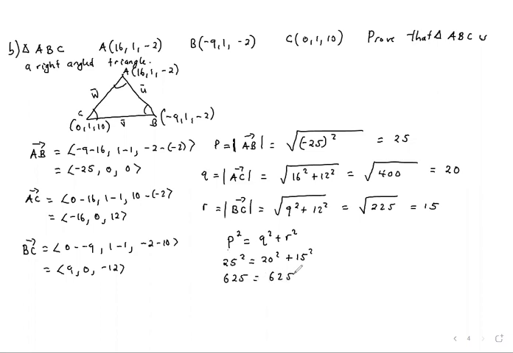So then this is true. So the triangle ABC is right angled.